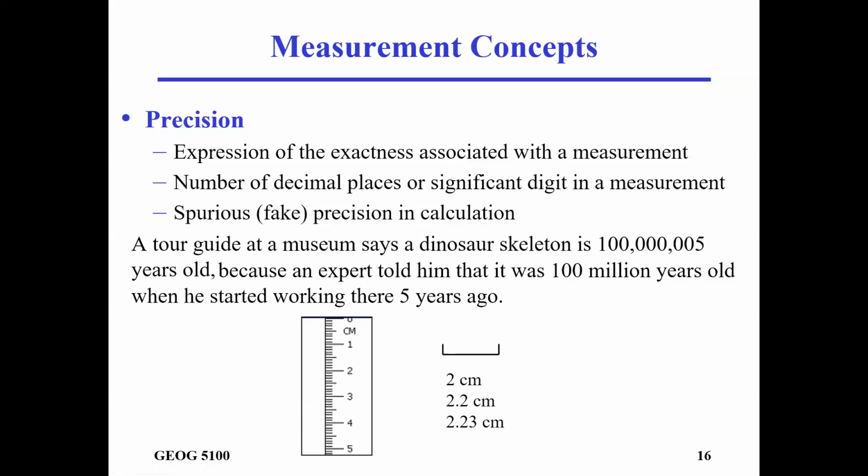Obviously, the precision is not high compared to the second one, because for the second measurement, you used maybe a more advanced ruler, okay? You have ratings at millimeter level, so you can tell it's 2.2 centimeters, right? It's more precise than 2 centimeters.